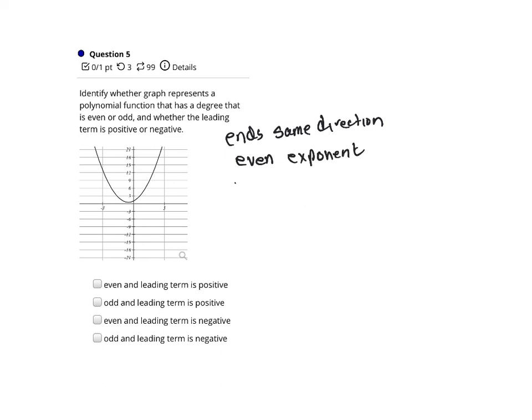And since they both go up, that means it's positive. The leading term is positive. If it were going down, that would be negative. So we have an even degree, and the leading term is positive.